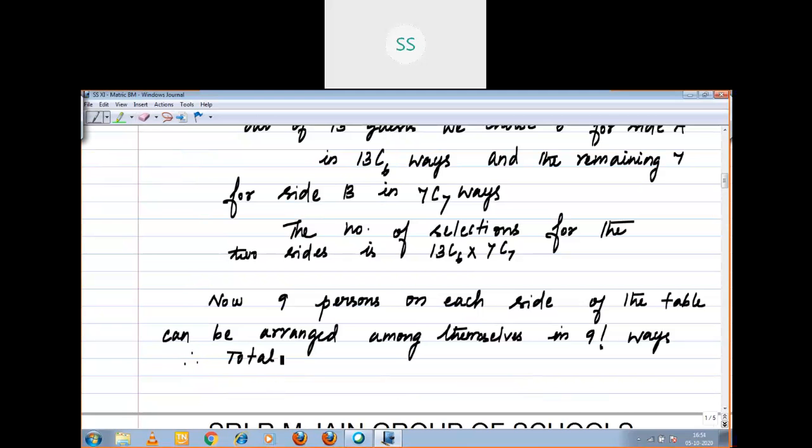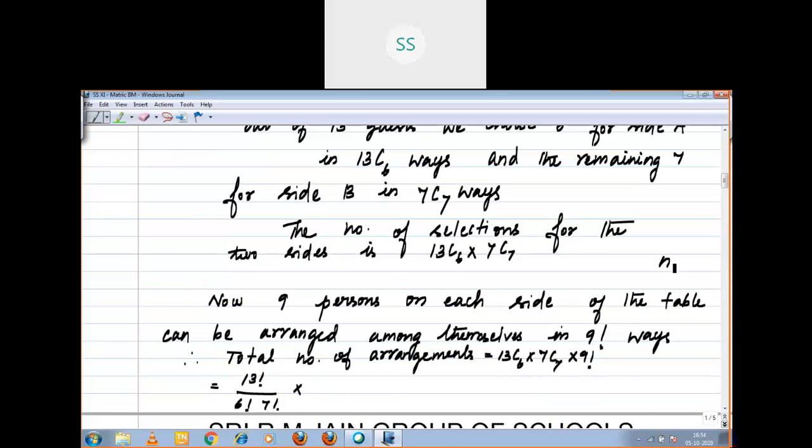See, therefore, total number of arrangements equal to 13C6 into 7C7 into 9 factorial, which is equal to 13 factorial divided by 6 factorial into 7 factorial into 7C7.